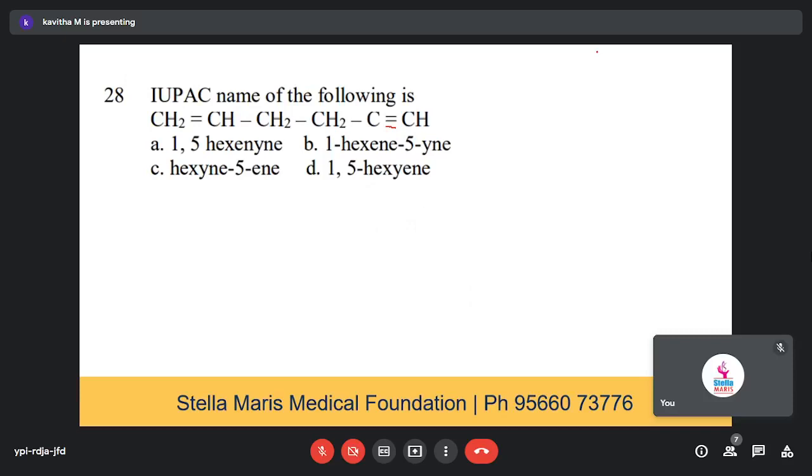Ene or yne? For a double bond, E and E, ma'am. Ene. So you should end with ene. So how should the numbering be, right to left or left to right? Left to right, ma'am. Are you sure? So which will be the answer here? The option is not there like that.